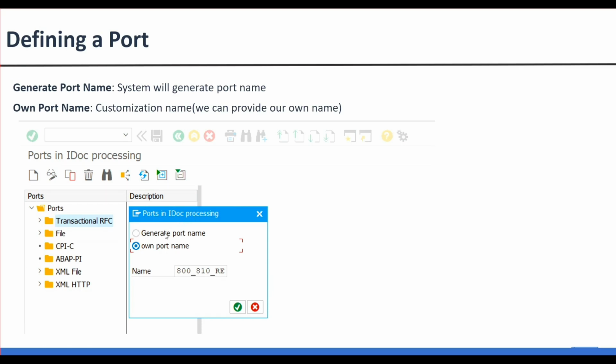Here I have two options: generate port name and own port name. Generate port name means the system will generate the name of the port. Own port name means you can enter your customization name, any name. As of now I have entered my own port name, 800_810_receiver, and clicked on enter. Once you click on enter, the port will be created.